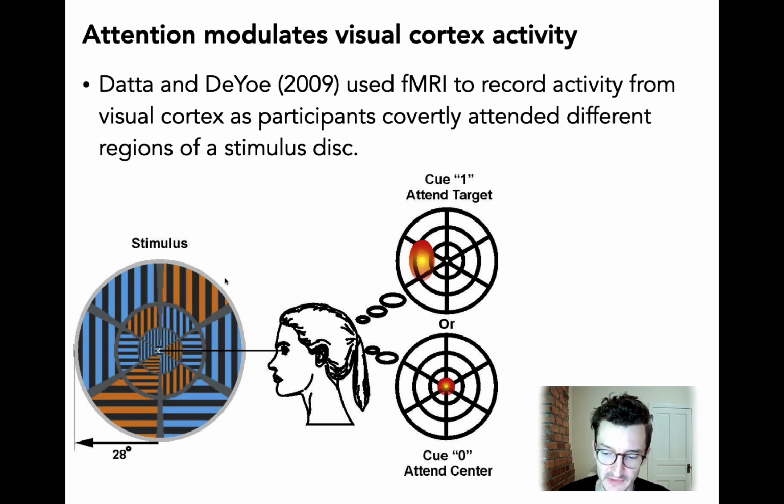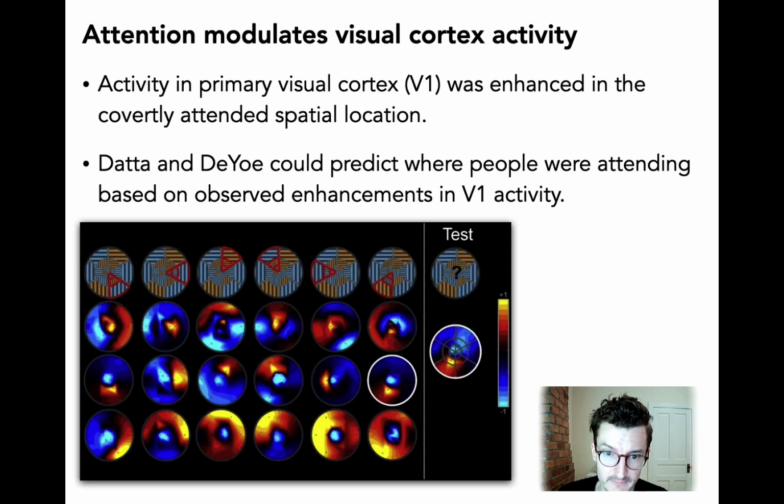And so the researchers in that study used that to their advantage to examine how covert changes in attention change the activity of this spatial map in primary visual cortex. And so what they found was that activity in primary visual cortex was enhanced in the covertly attended spatial location.